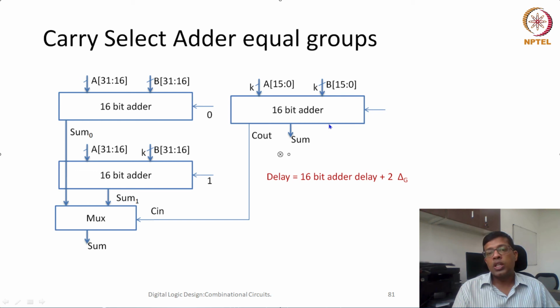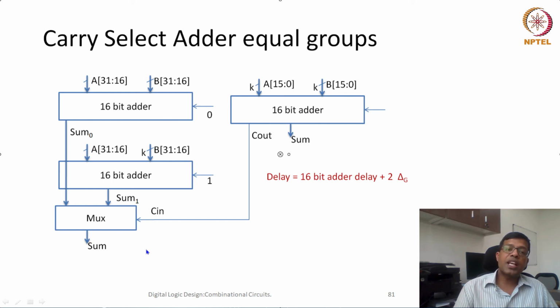We can design this 16-bit adder again using carry select adders of 8-bit and 8-bit. Then each 8-bit carry select adder can be designed using 4-bit carry select adders, and the leaf-level 4-bit adder can be implemented using a carry look ahead adder. The only thing we have to ensure is that the two parts we are implementing have the same delays to get optimized results.